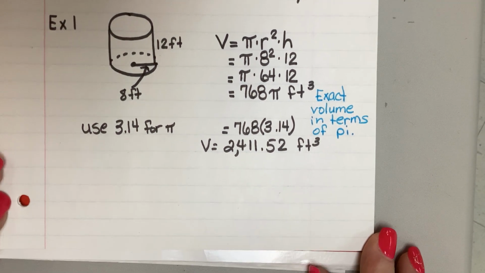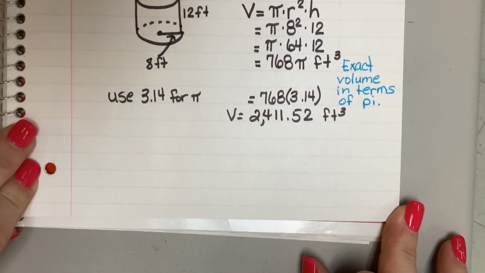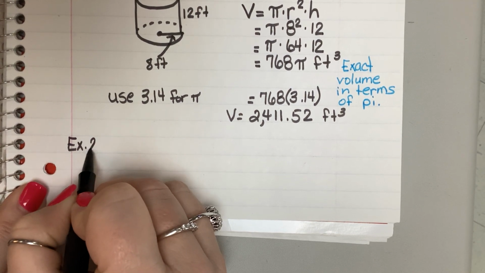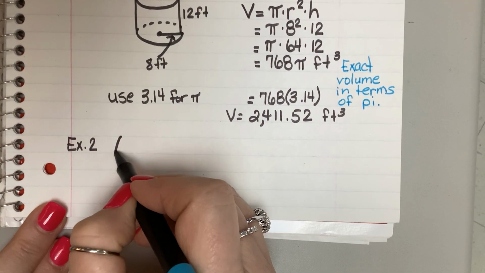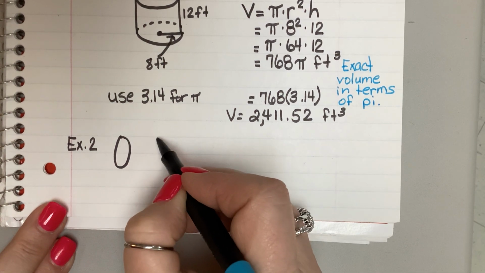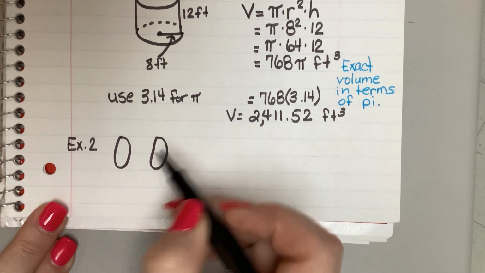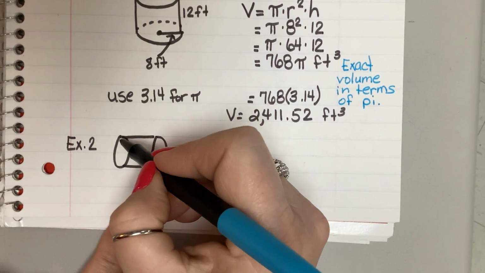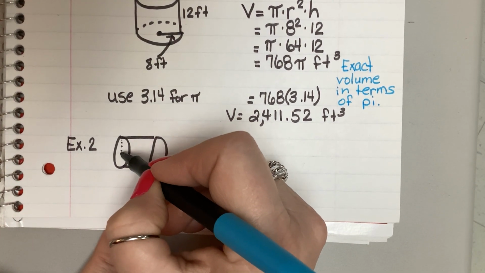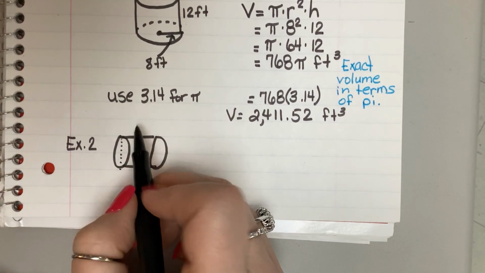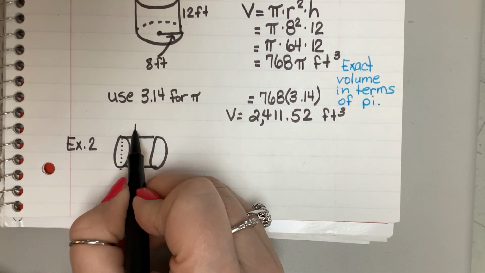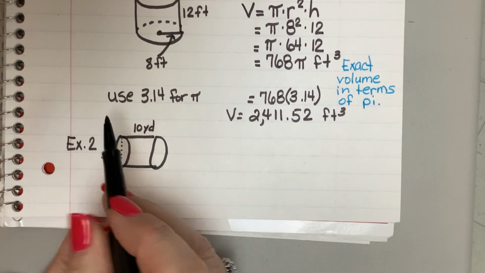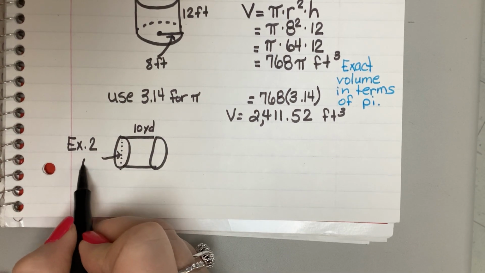So now let's look at one more. And on this one, I'll give you the diameter. So on this one, I'll say that the height is 10 yards, and I will tell you that the diameter is 6 yards.